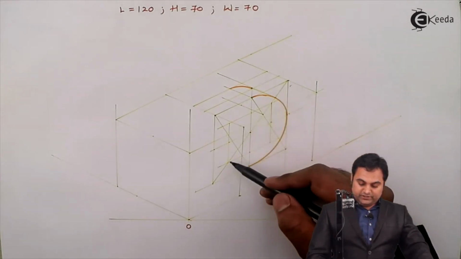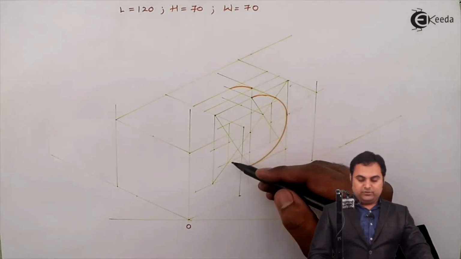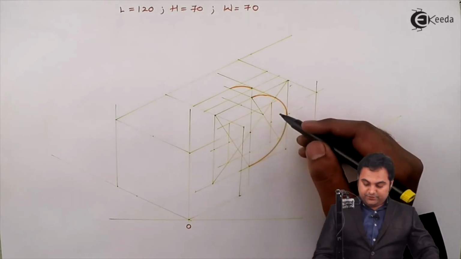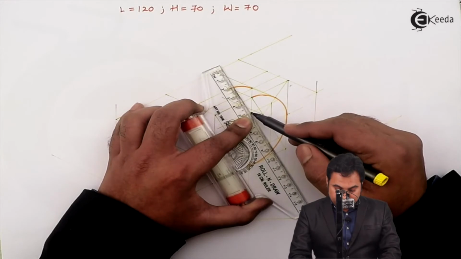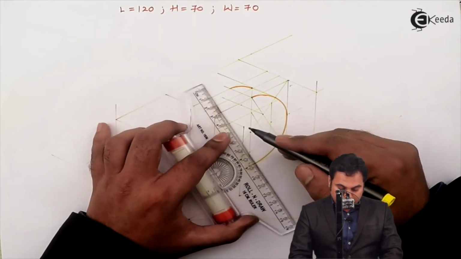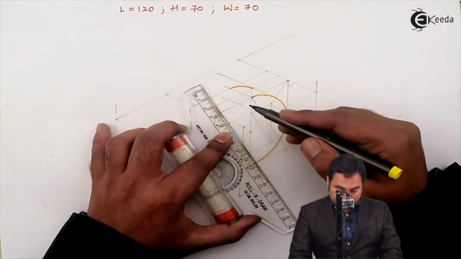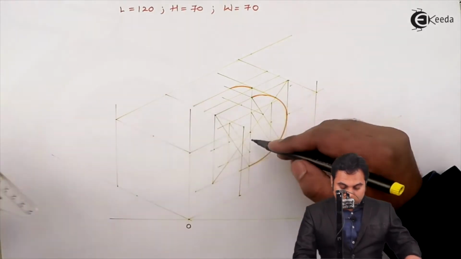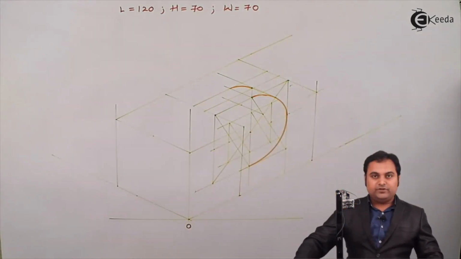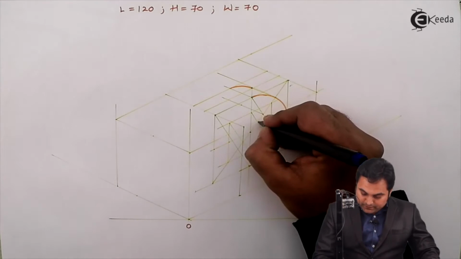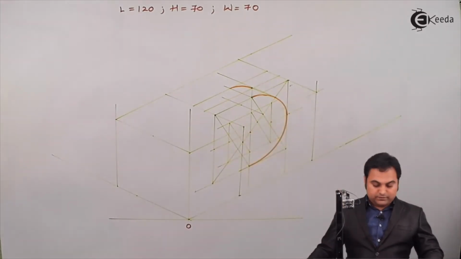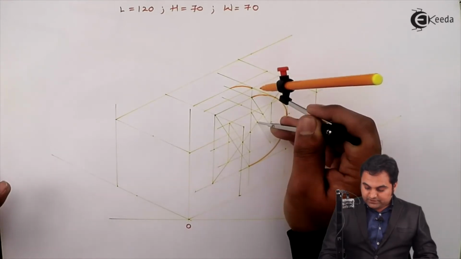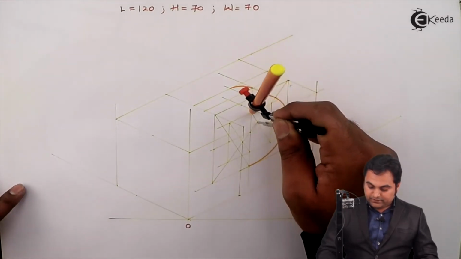Now the longer diagonal is same for both the parallelograms, and here I have the midpoint. So again, top midpoint to bottom corner intersecting the longer diagonal, bottom midpoint to top corner intersecting the longer diagonal. Where it is cutting, here I'll get two center points at this location and here. Then keeping this center, radius is up till here.